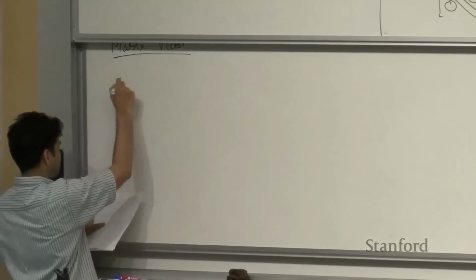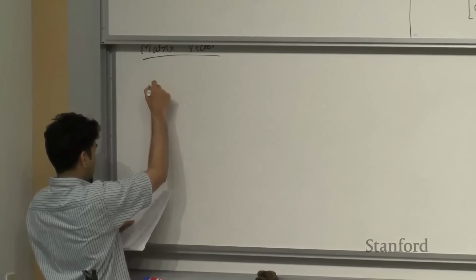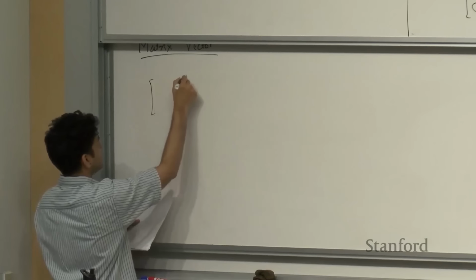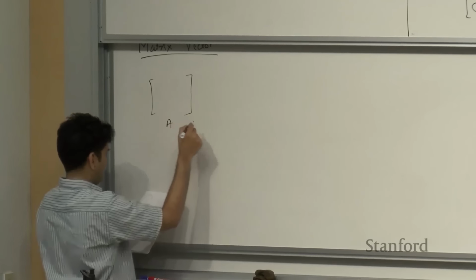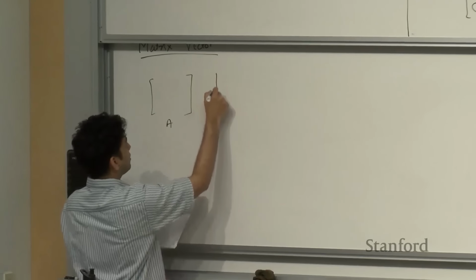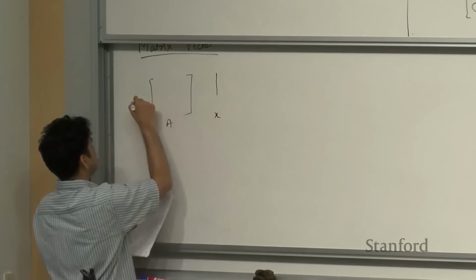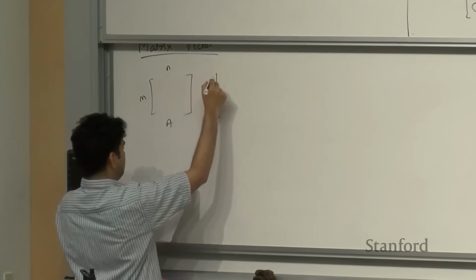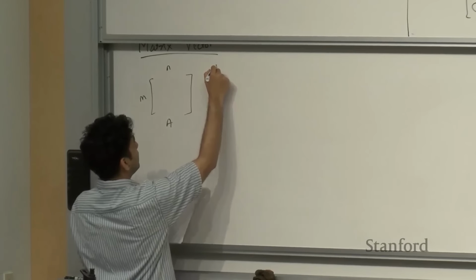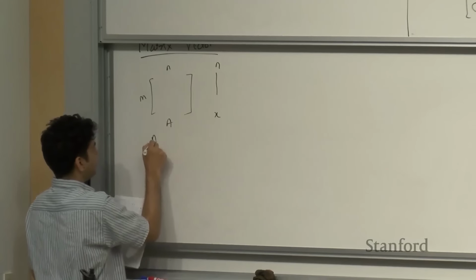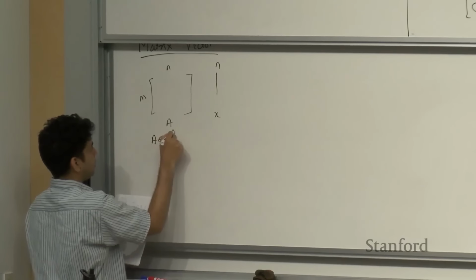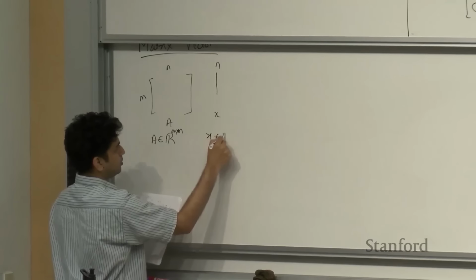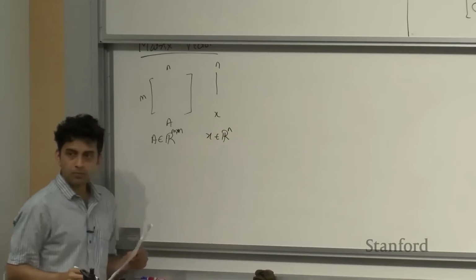So for matrix vector operations, first we're going to consider operations where you have a matrix, let's call it A, and a vector, call it X. A is M by N, and X is N. So A belongs to R M by N, and X belongs to Rn, right?